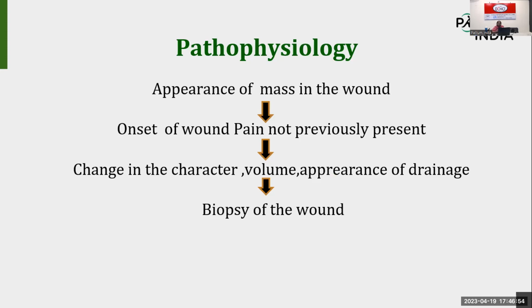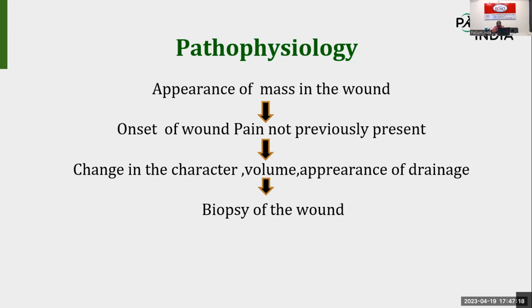Appearance of a mass in the wound is the initial stage. Onset of wound pain not previously present. Previously there was no pain, but gradually, if this kind of cancer cell originates, the patient will feel pain, and there will be a change in the character, volume and appearance of the drainage.